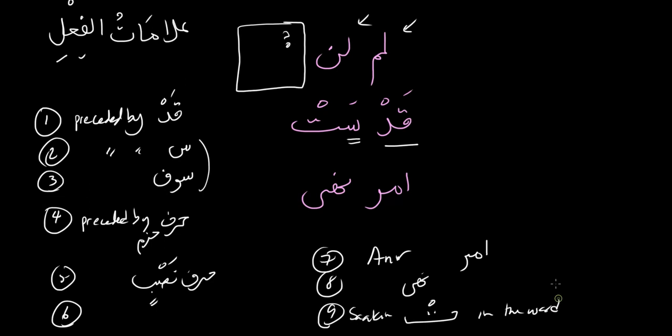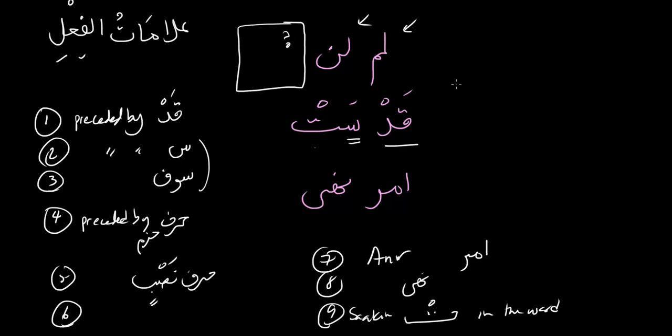In other words, nouns don't have a sakin ta in the end of the word. Kanat, that's a sakin ta, that's a verb. Kharajat, that's a verb, because nouns don't have a sakin ta in the end. That's as simple as that. And that sakin ta is over here, of course.